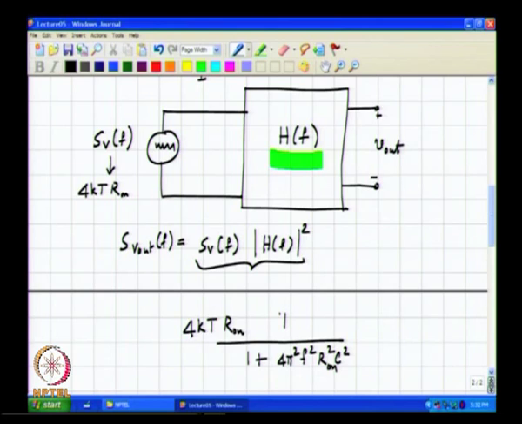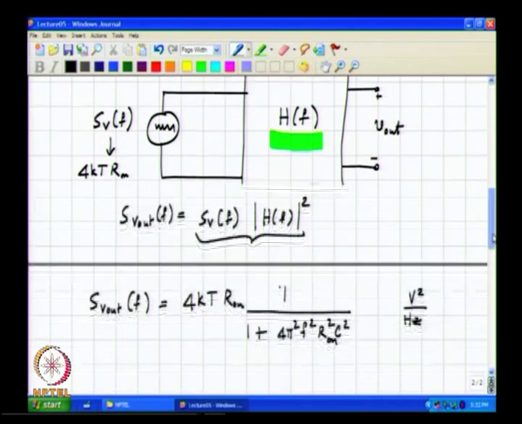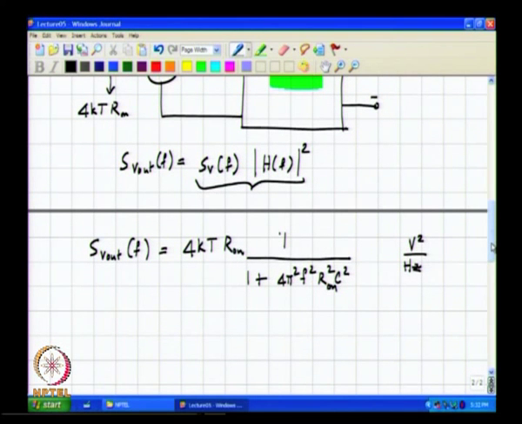Okay. So, in other words, S V out of f is this, and let us not lose sight of the units, volt square per hertz. Does this make sense to you people?